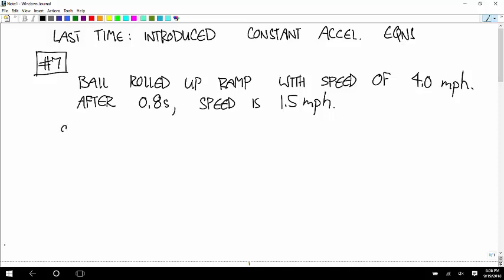And we want to know first, what's the acceleration?